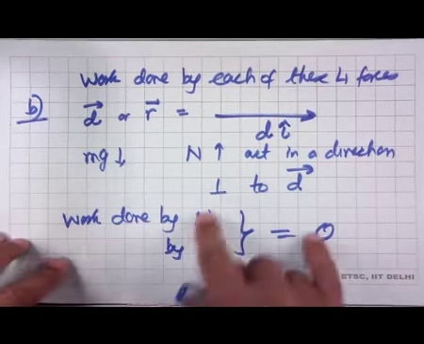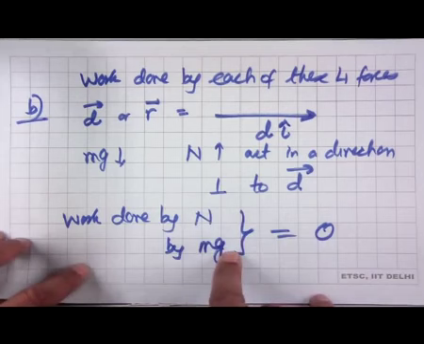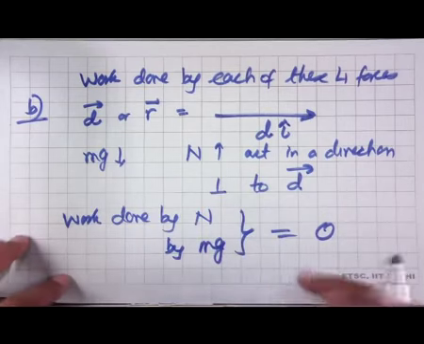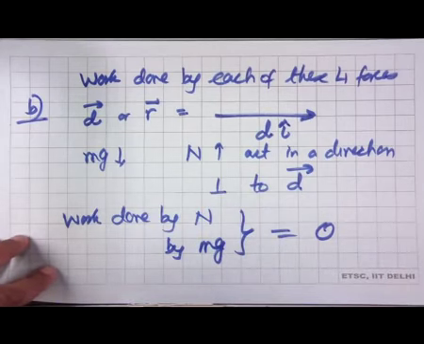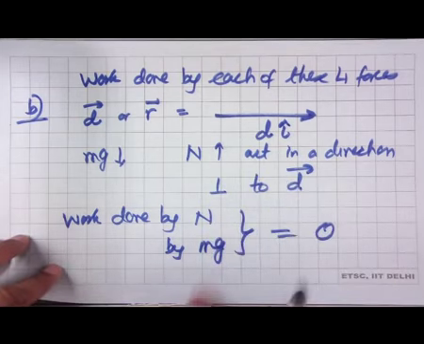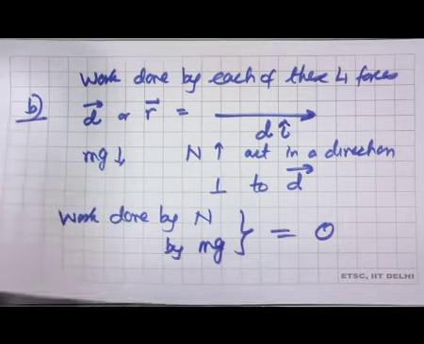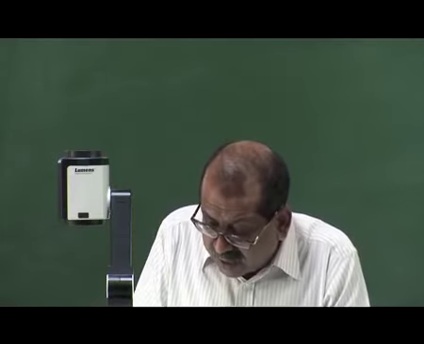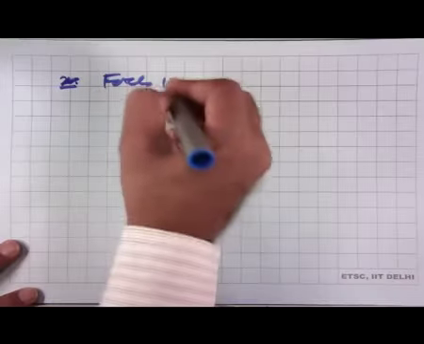Of course, we also know n is equal to mg, so they cancel out. If you add these 2, the work done would have been 0 even if the particle was moving vertically, since they were equal. The net work done by these 2 forces would be 0. But here individually also the work done is 0. Now, we look at the other 2 forces, the forces in the x direction.